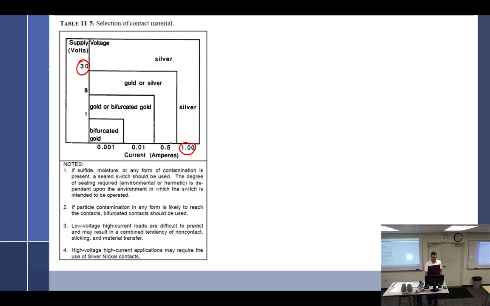If it's a half an amp, you can use gold or silver. If it's 0.01 amp, it's gold or bifurcated. So it just shows the acceptable switch material. The lower the voltage and the lower the amp, which is funny, the more expensive the switch becomes.